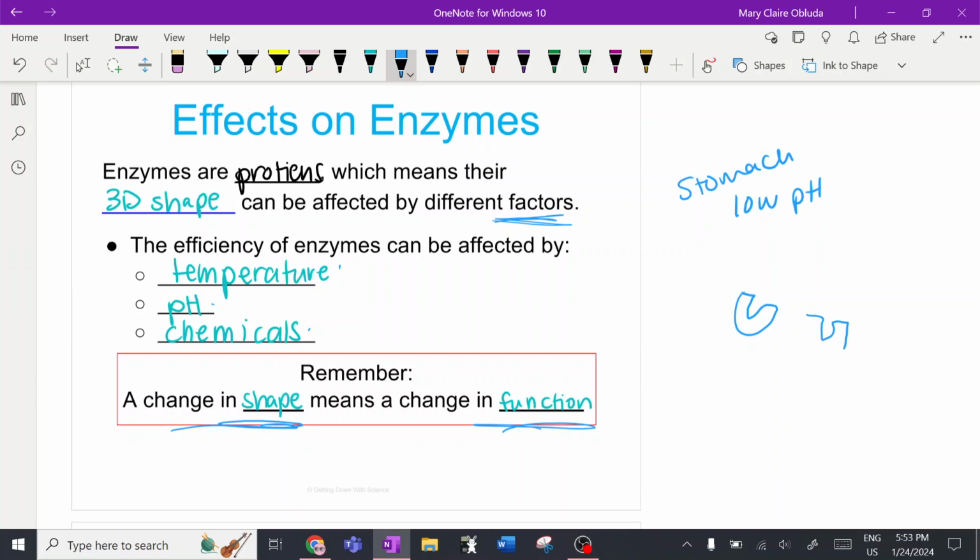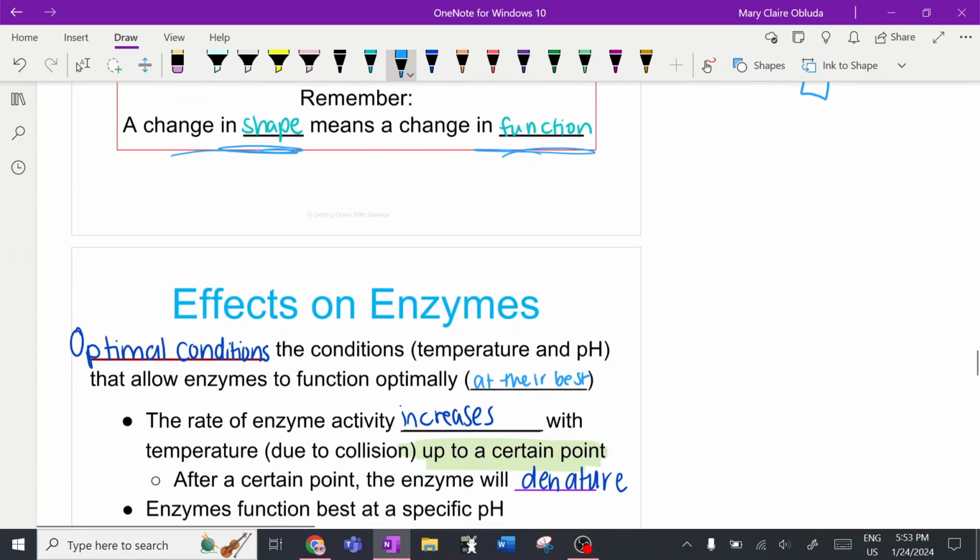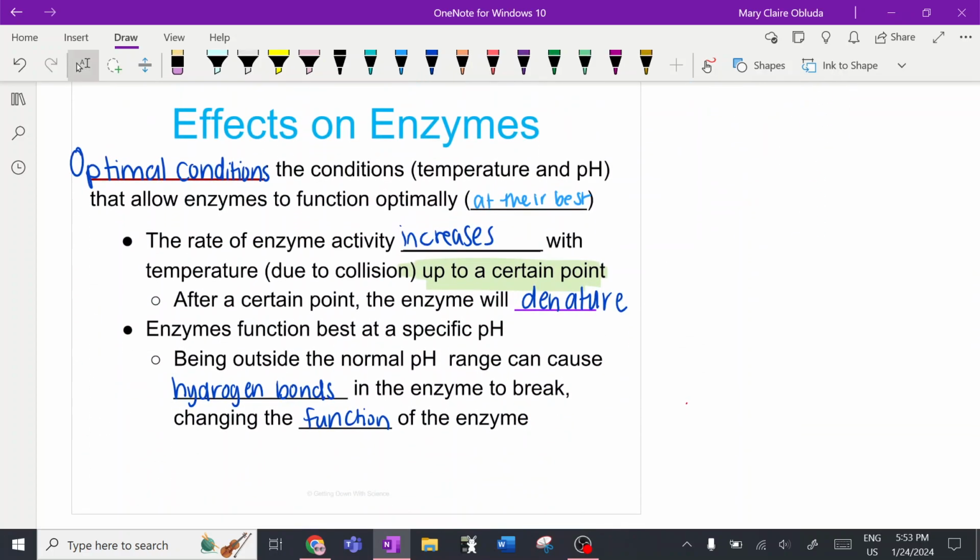Say it looks like this. It no longer can perform its function because it is denatured, and there's a change in shape, so there's a change in function.